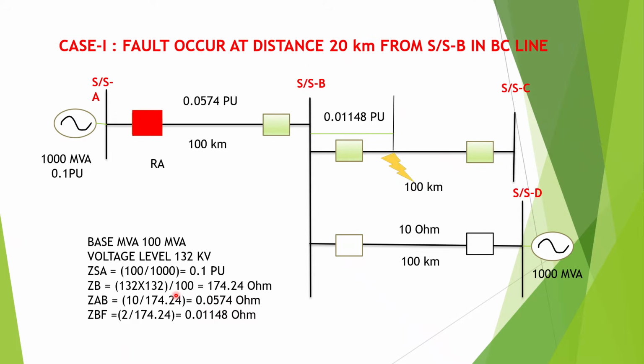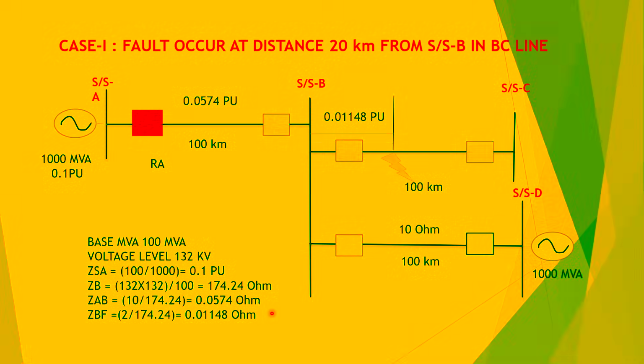Now since the base impedance is known, we can calculate the per unit impedance for this line segment and also the line segment up to the fault point from substation B end. So for line segment AB, the per unit impedance ZAB is equal to line impedance divided by base impedance, which is equal to 10 divided by 174.24, which is equal to 0.0574 per unit.